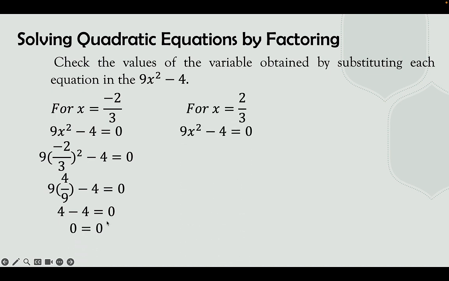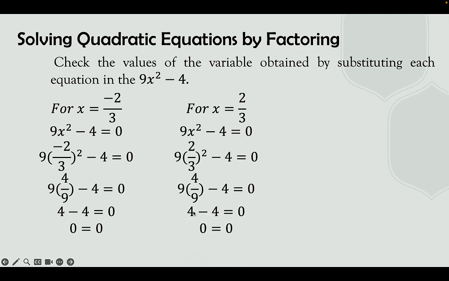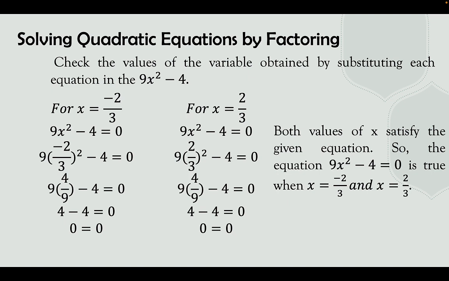Let's try x equals positive 2/3. Let's substitute this into the original equation. So we have 9 times 2/3 squared minus 4 equals 0. Then 2 raised to 2 is 4, and 3 raised to 2 is 9. We can simplify this one. So we have 4 minus 4 equals 0. That is 0 equals 0.